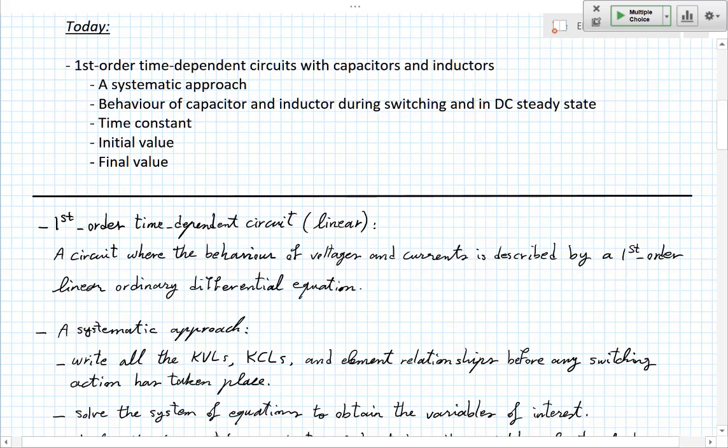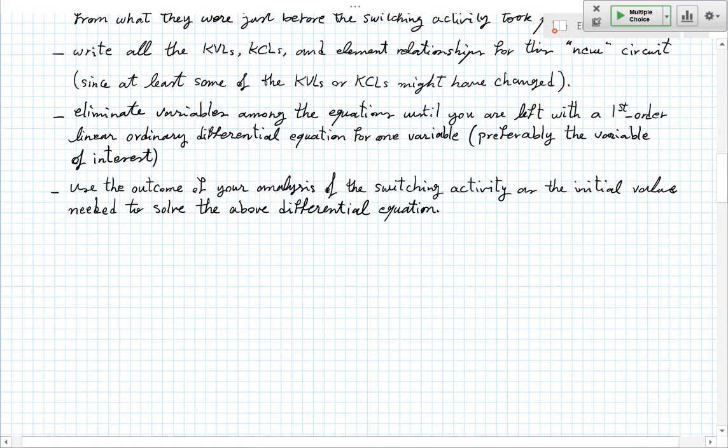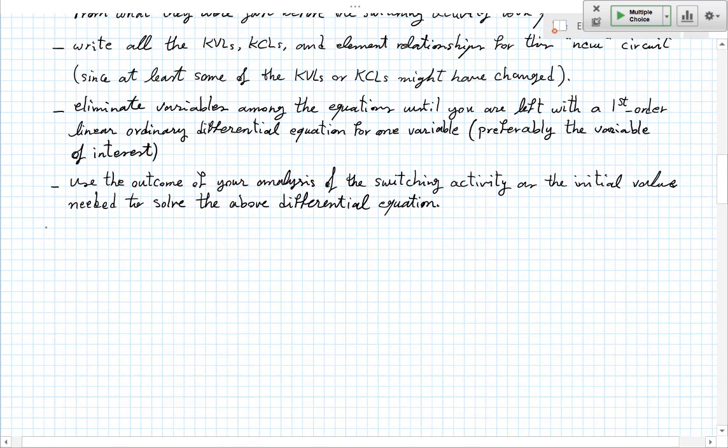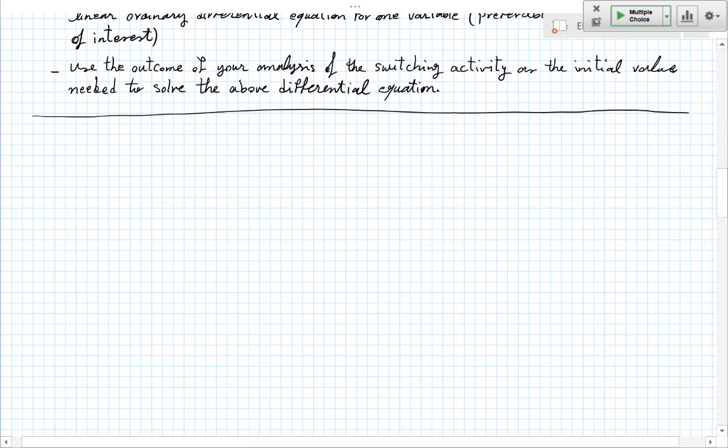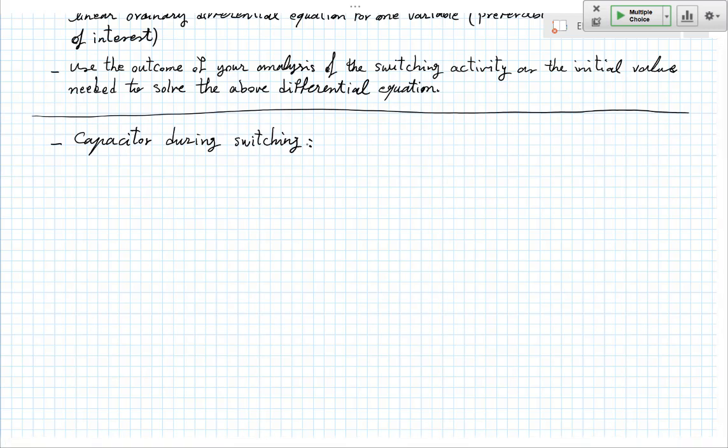Then the behavior of capacitor and inductor during switching and in DC steady state. Well, the element relationship for a capacitor is just one statement, right?